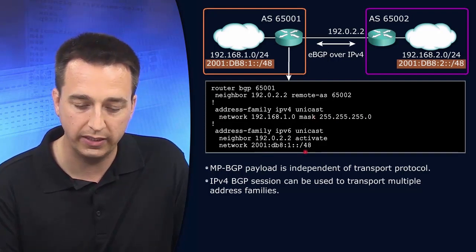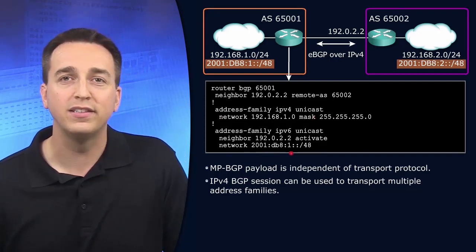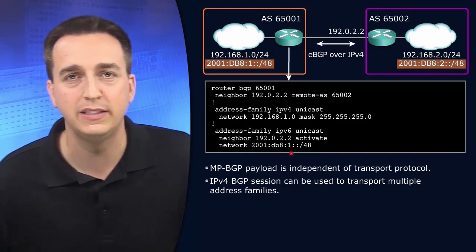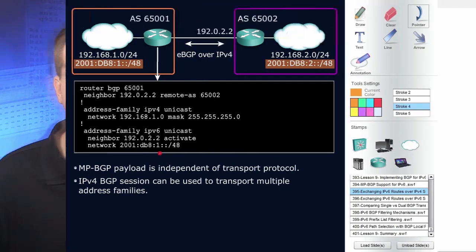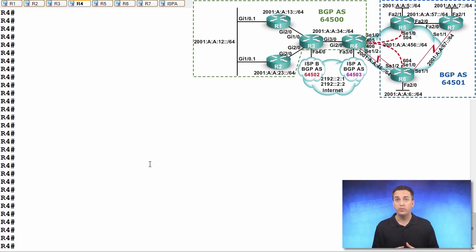Well, this has to be an address and a mask in the routing table for IPv6 in order for it to be advertised. Let's do an example whereby we can witness the formation of our IPv6 neighborships using the IPv4 TCP session and sharing that IPv6 information over the IPv4 session.